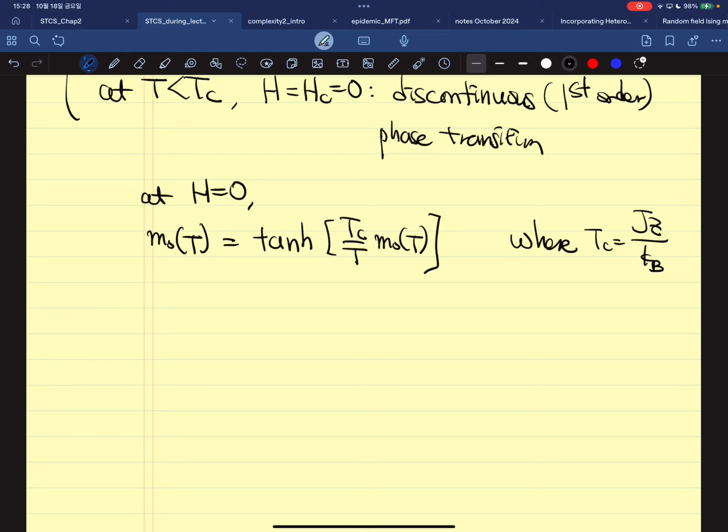If we expand this tangent hyperbolic function as a Taylor series, there is no second order term because this is an odd function. So the next lowest term is the third order term, and the coefficient is 1/3.